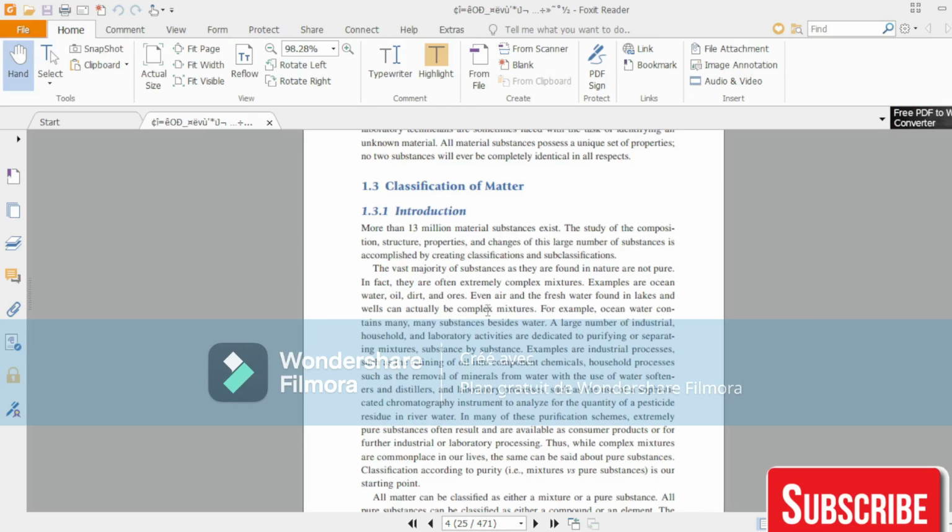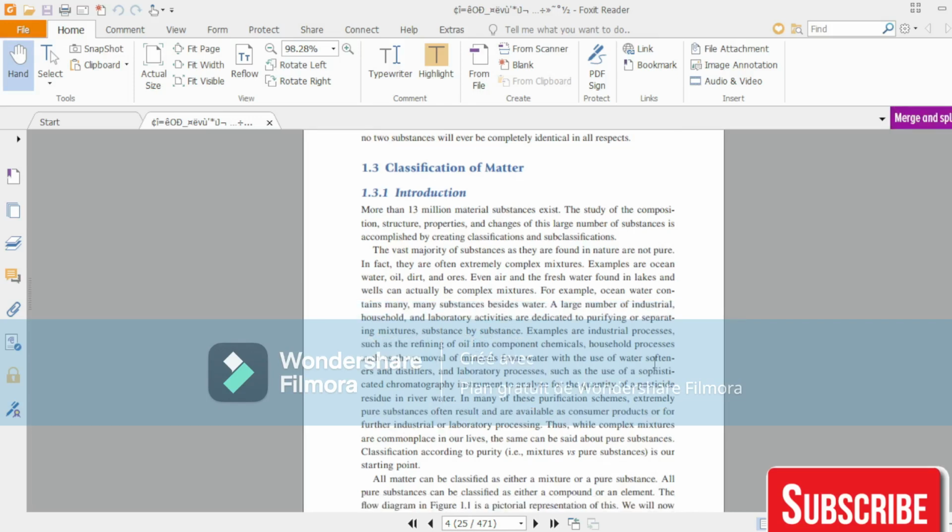A large number of industrial, household, and laboratory activities are dedicated to purifying or separating mixtures, substance by substance.